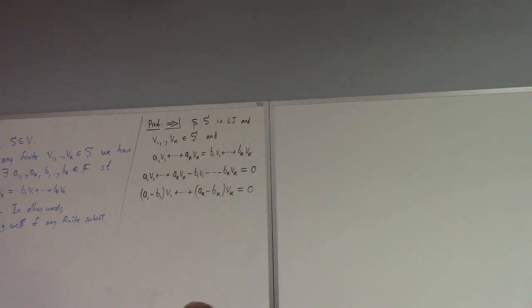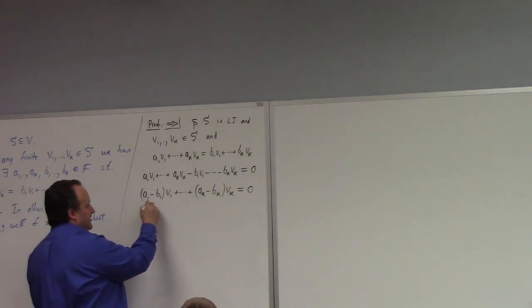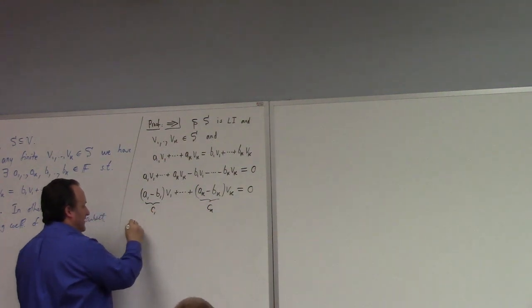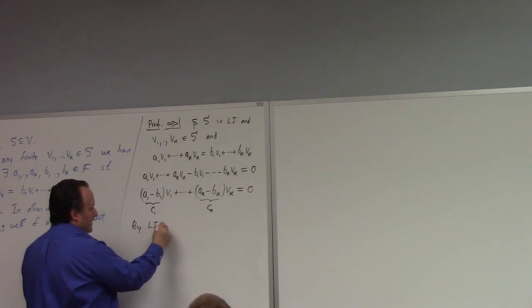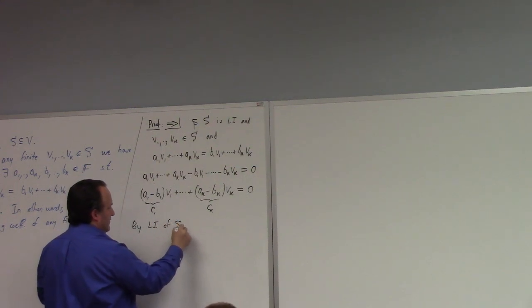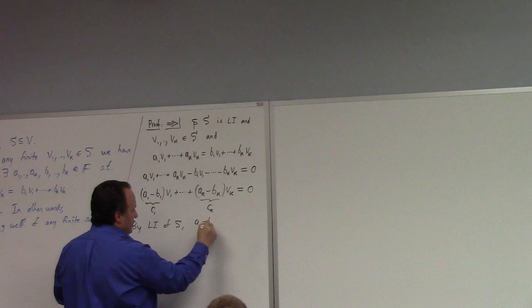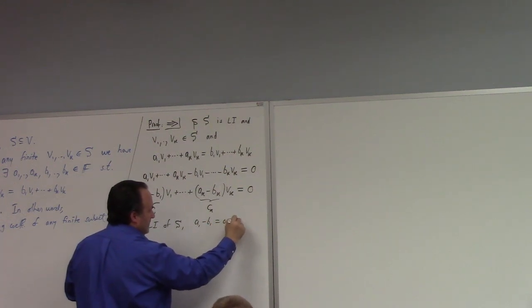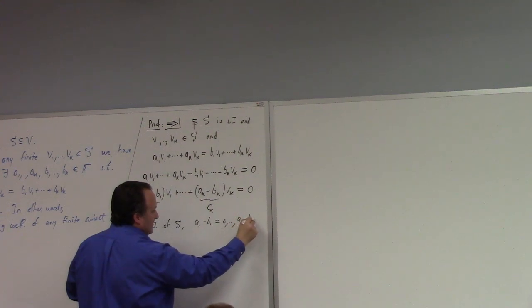So then what? Now, we can think of this as the C1, right? And this is the CK. So by linear independence of S, we have that A1 minus B1 equals 0 all the way until we get to AK minus BK equals 0.